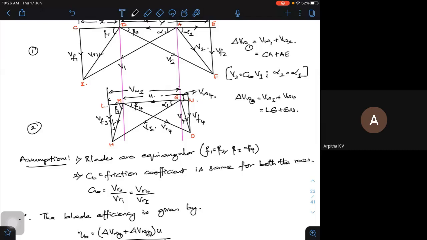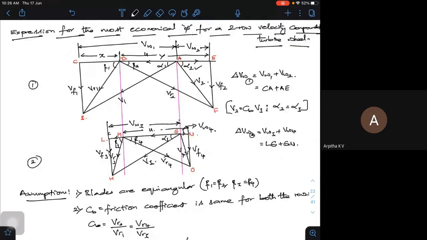So from that particular triangle, this is the angle. That is for a shockless entry, but there will be a little bit of friction. That's the condition I am trying to achieve, so that the fluid enters the second row with friction, but without any shocks. It will be just simply a slide movement.